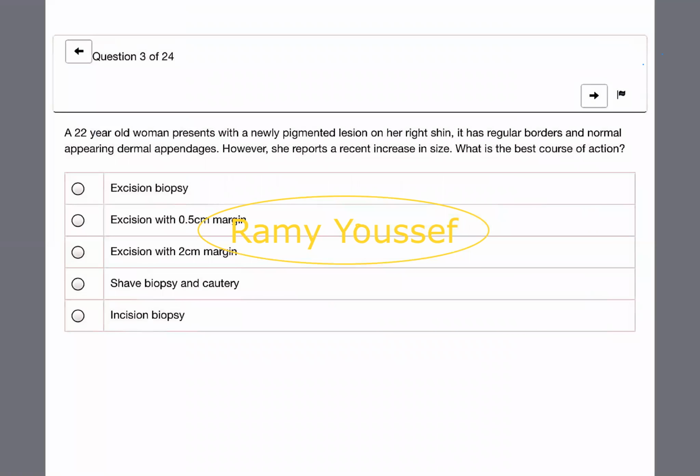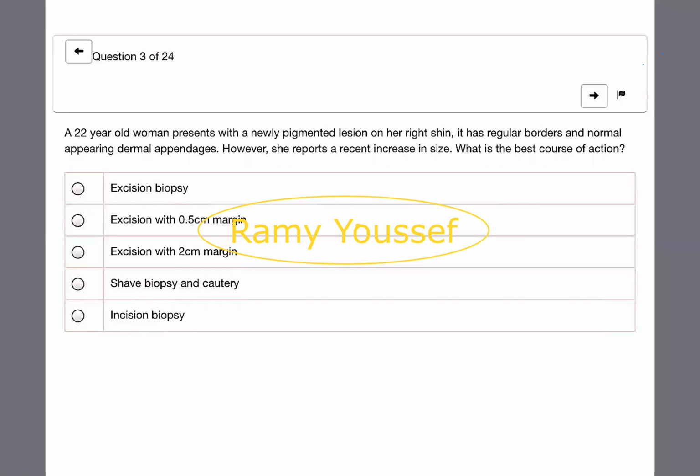Next question, Dr. Abu Yazid. A 22-year-old woman presents with a newly pigmented lesion on her right chin. It has a regular border and normal appearing dermal appendages. However, she reports a recent increase in size.